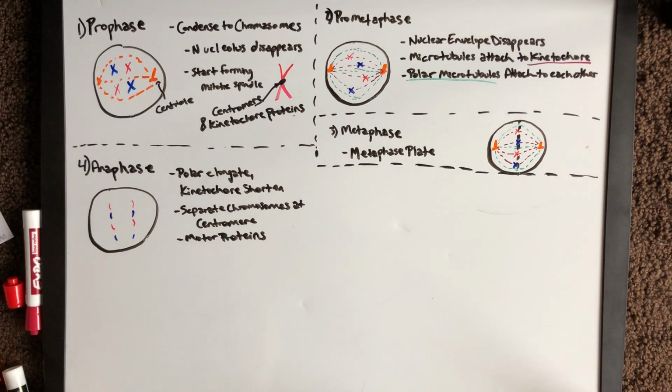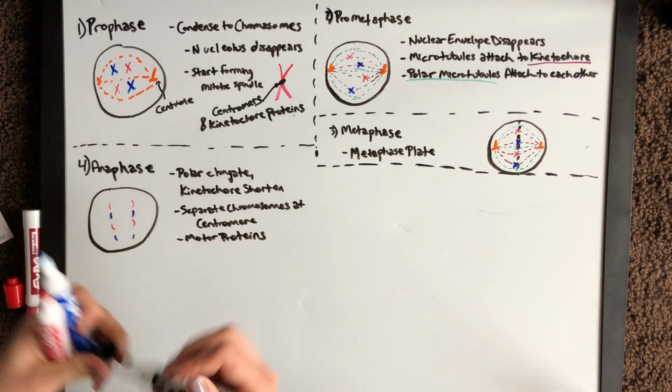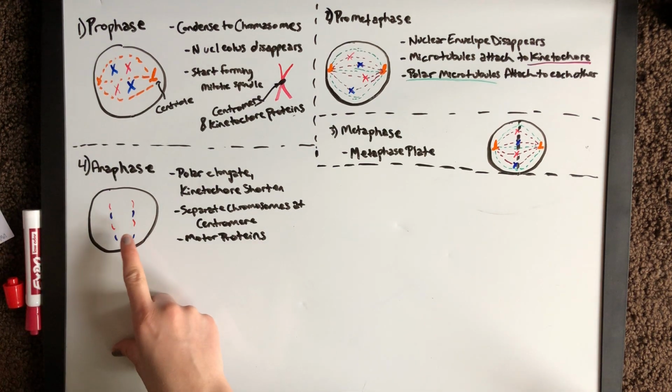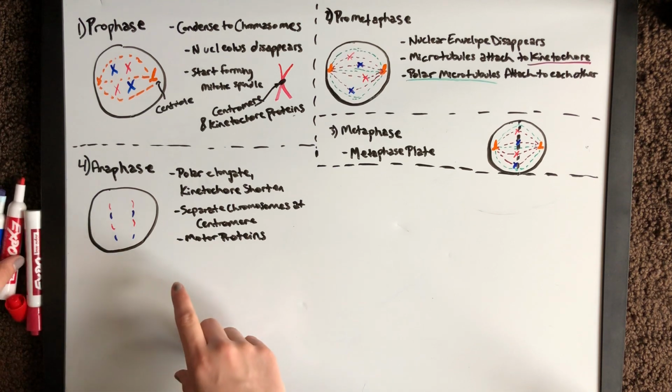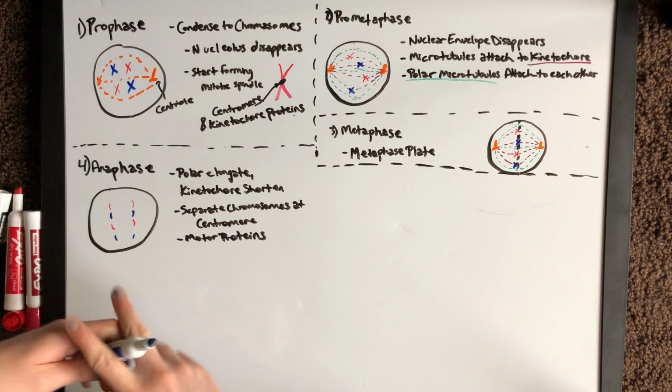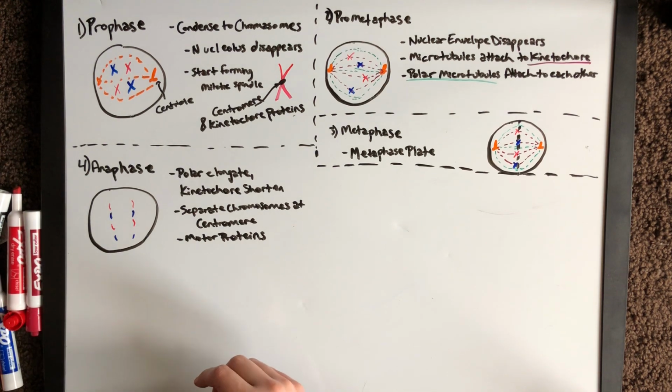Each half was its own copy of the chromosome. Originally it was one line, and then it got duplicated to look like that X. Now we're splitting it up again, so that each new cell gets only one copy of each.